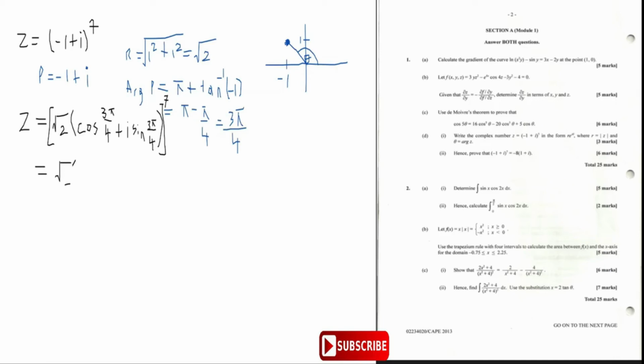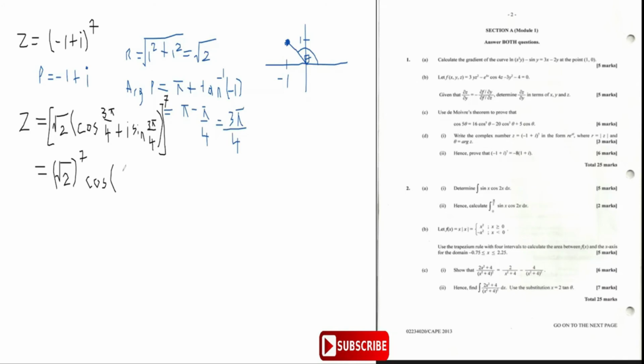So we're going to use De Moivre's theorem again. It's going to be root 2 to the 7th power times cos theta plus i sine theta to the n is cos n theta plus i sine n theta. So it becomes the cosine of 3 pi by 4 times 7. 7 times 3 is 21.